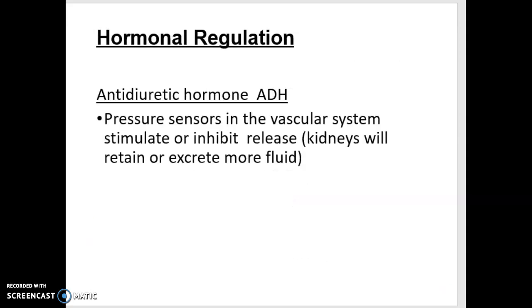Antidiuretic hormone: there are sensors inside your blood vessels that will either stimulate the release of antidiuretic hormone to make your kidneys conserve water, or inhibit the release of antidiuretic hormone to make your body excrete more fluid. Just by its very name, antidiuretic, you can figure out that when there's more antidiuretic, you're going to make less urine.